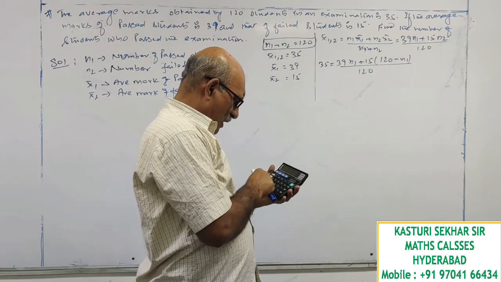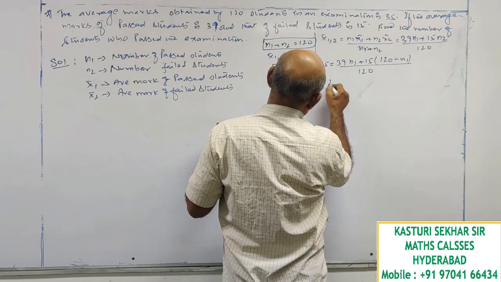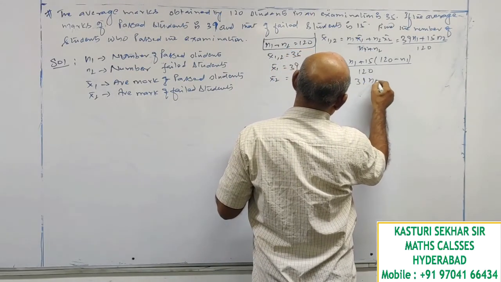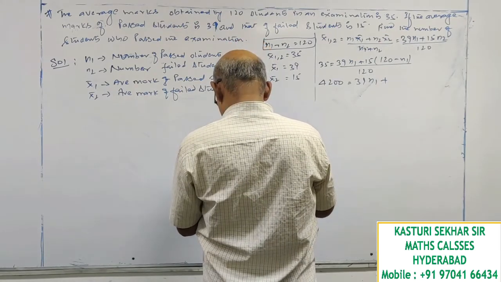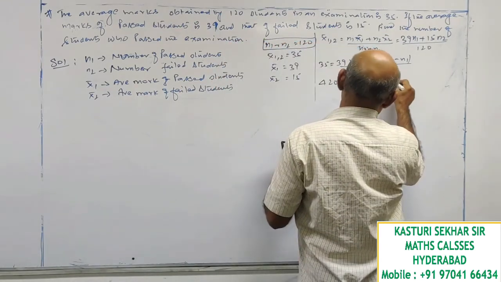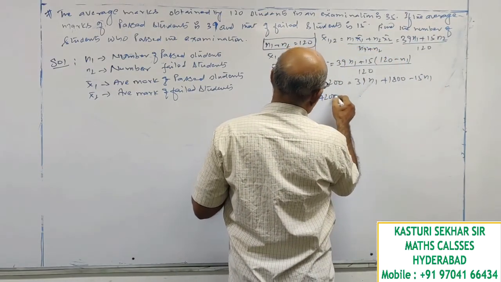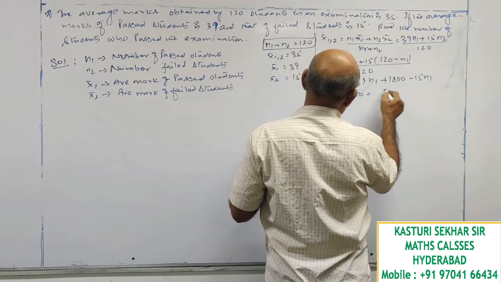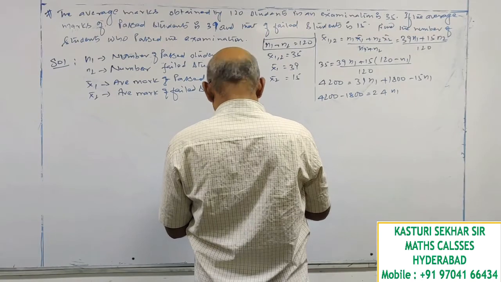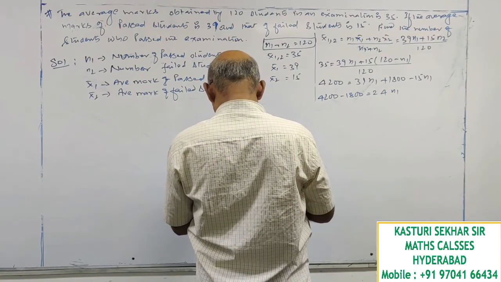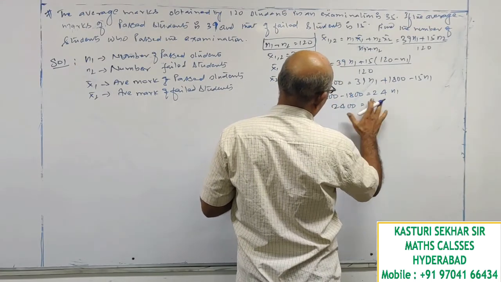35 into 120, 4200 is equal to 39 into N1, 15 into 120, 1800. 4200 minus 1800 is 24 into N1. 4200 minus 1800, 2400 is equal to 24 into N1.